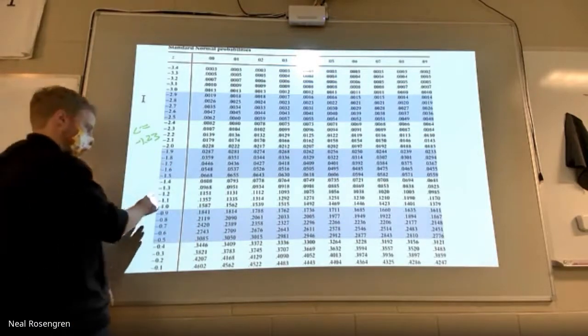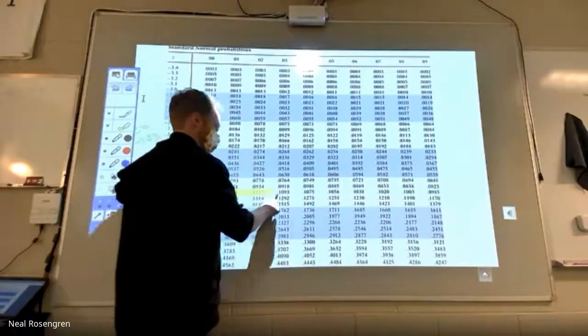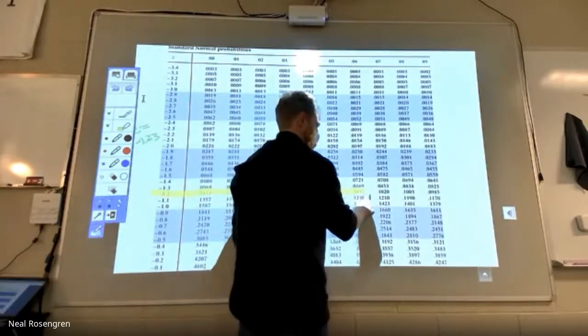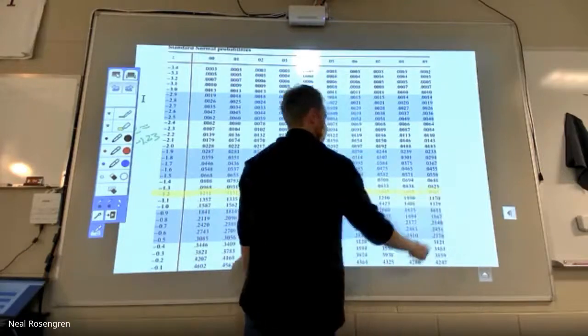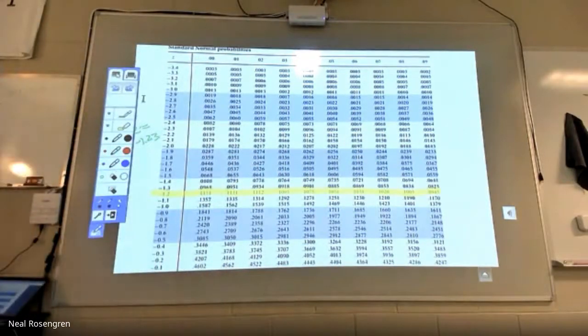Okay. Negative 1. You can see that they try to shade it to make it a little bit easier to read because there's a lot going on. So there's my negative 1.2, so it's got to be one of those numbers. I've got to pick the right one.